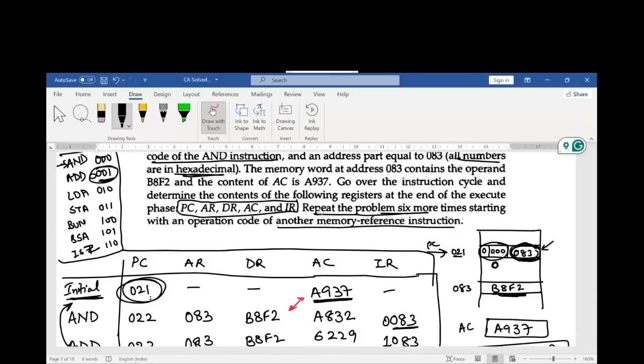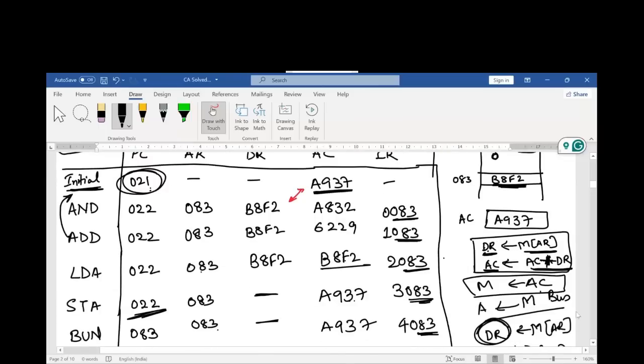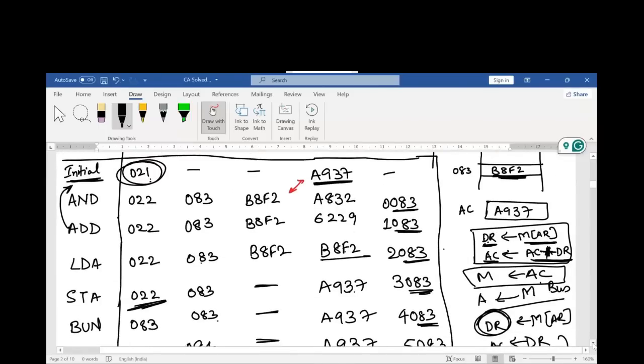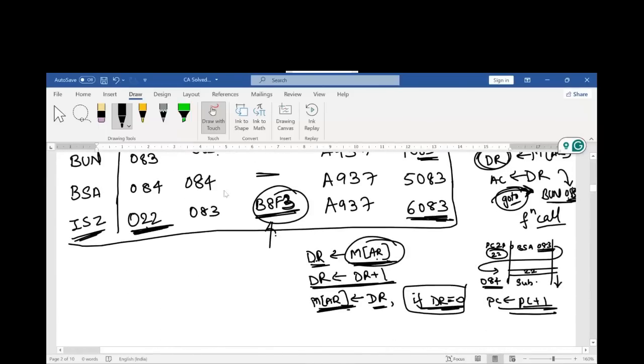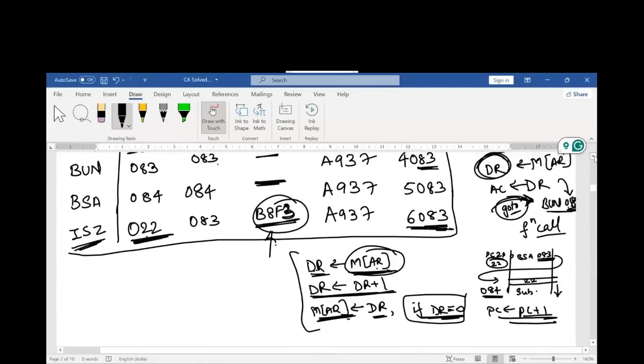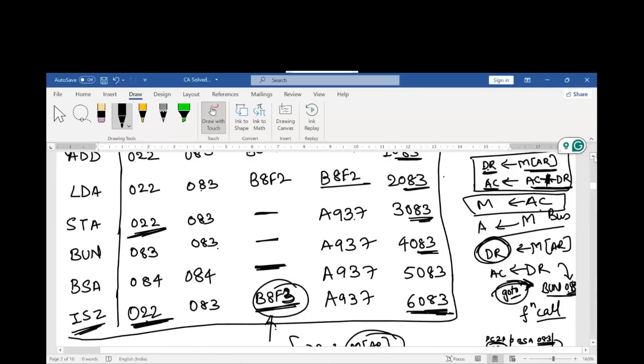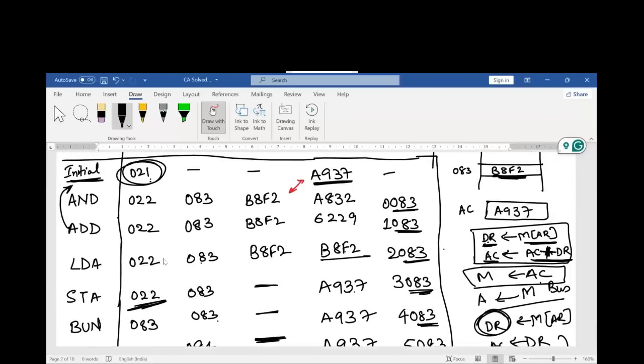So when this type of question is asked, start with the initial values, write the instruction code for each memory reference instruction, and then if you know what steps are being executed in each instruction, only then will you be able to write the value of DR and other registers. In some of the instructions, we are not using DR, so in that case, we place a dash there. If you know the steps taking place in each and every instruction, then only you will be able to complete this table.